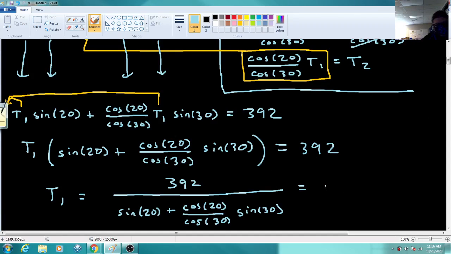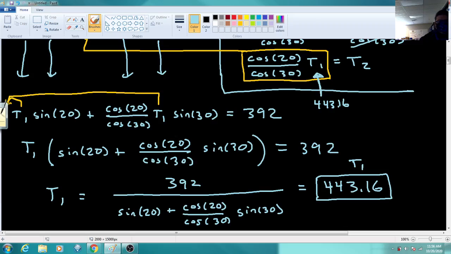So 443.16 is the tension in the tension 1 rope. So this is T1. And then to find the tension in T2, we know T2 equals cosine of 20 divided by cosine of 30 times T1. So all we have to do is plug in the value that we now know for tension 1.